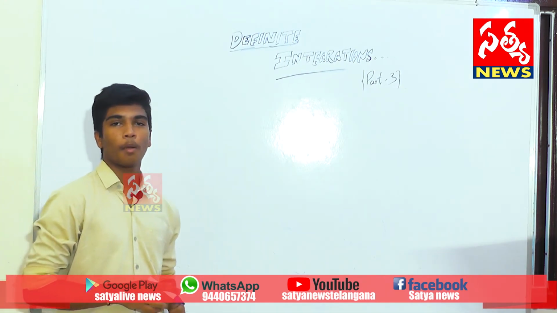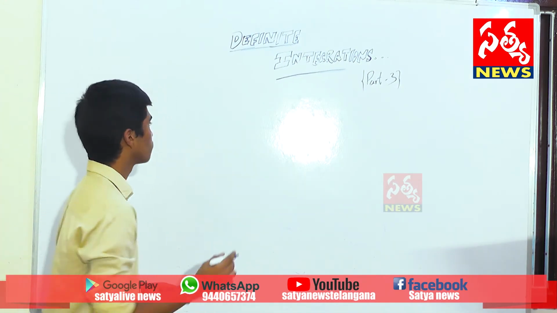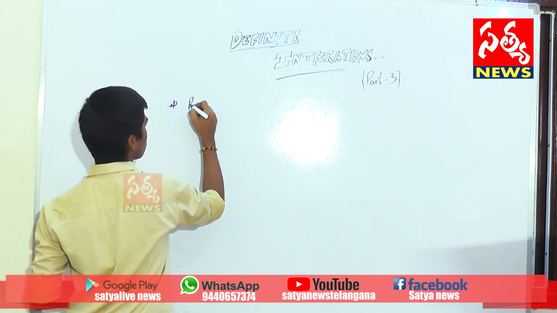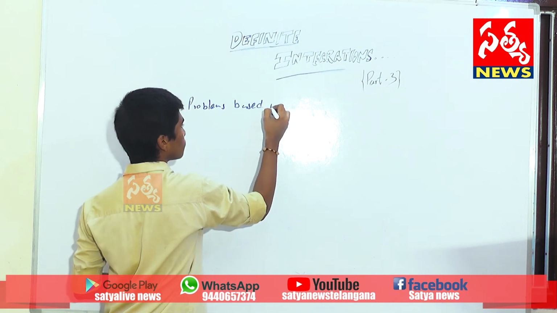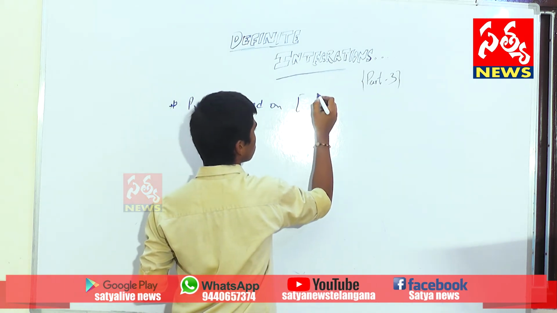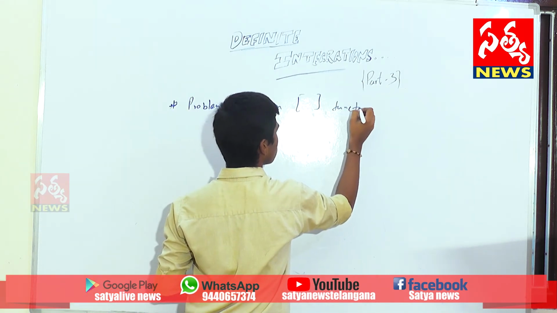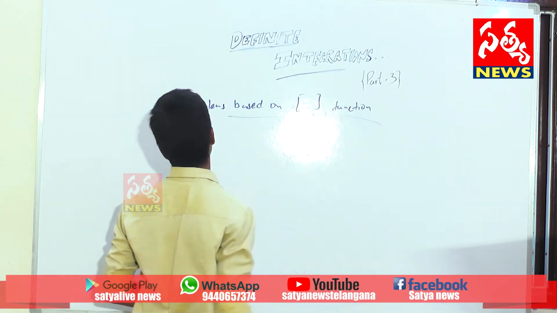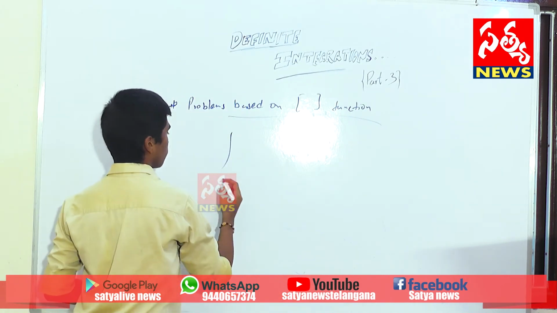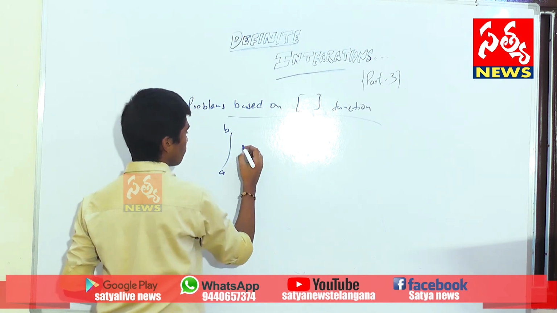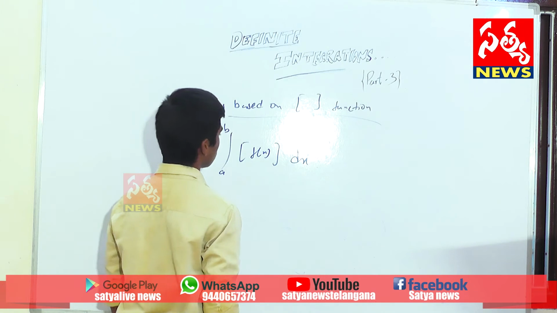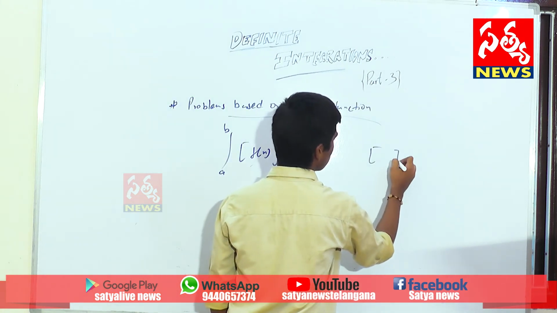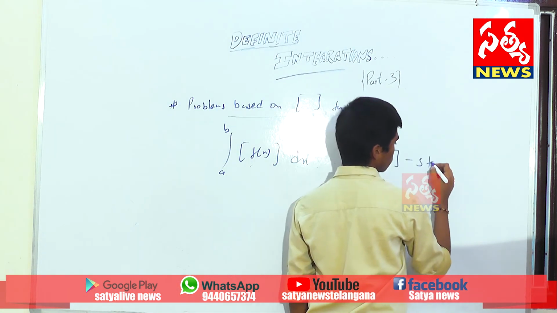Now let's discuss the problems based on the step of x function. The integral is represented by the integral of f of x dx, where f represents the step function.